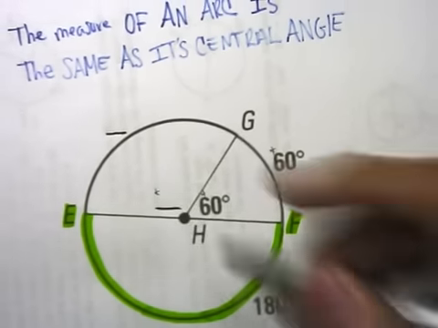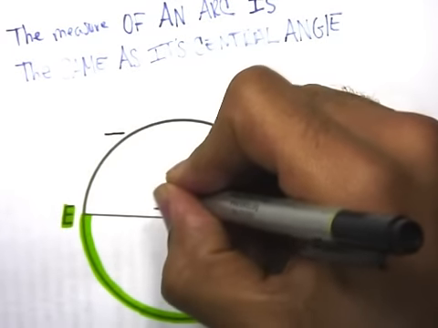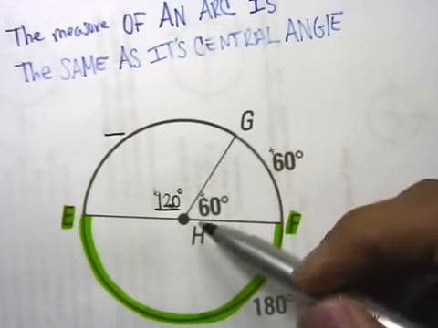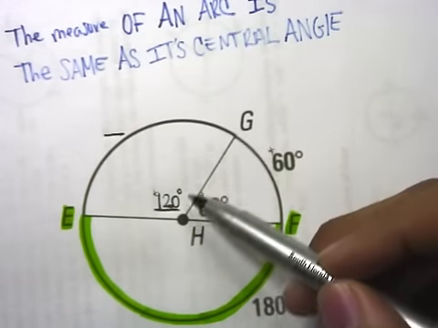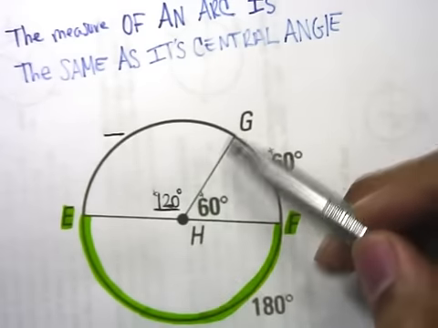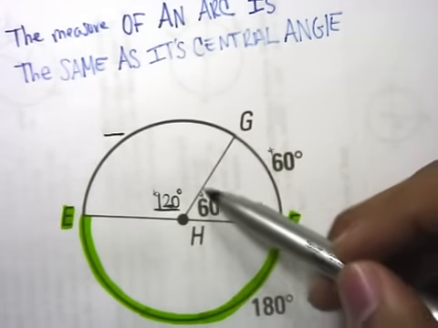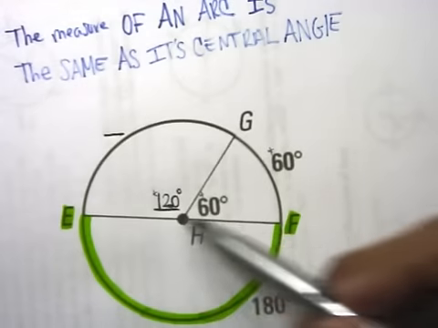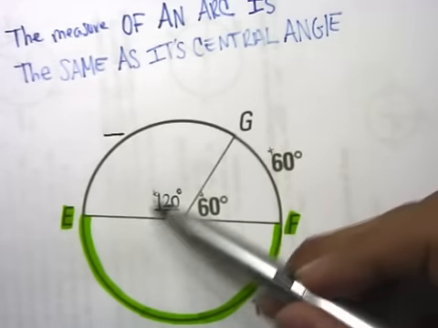Well, by now you should know it's 180. So if this is 60 degrees, can we figure out how many degrees there are here? Sure, 180 minus 60 is going to give us 120 degrees. So we can see here then that angle GHE is 120 degrees because these are a linear pair.